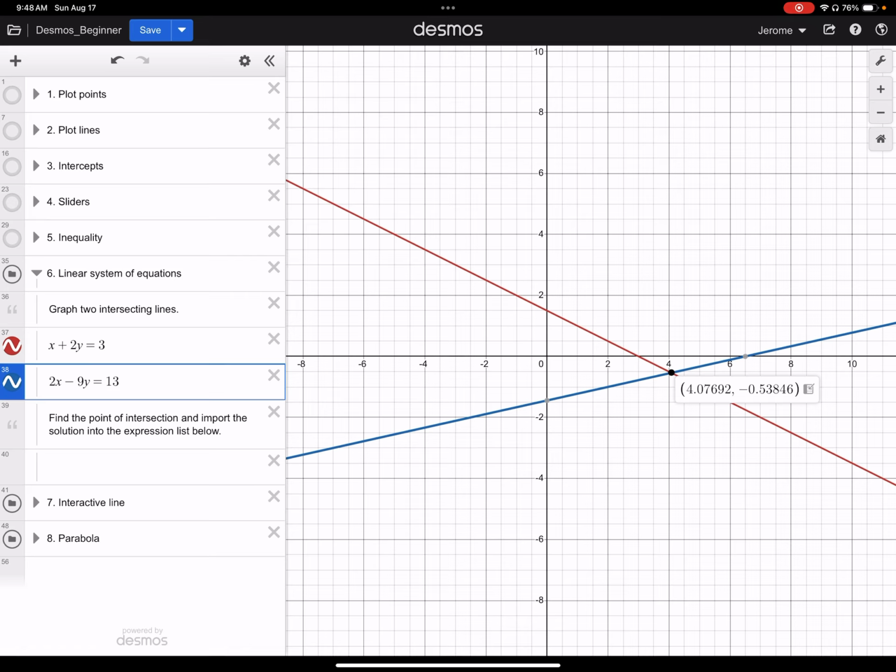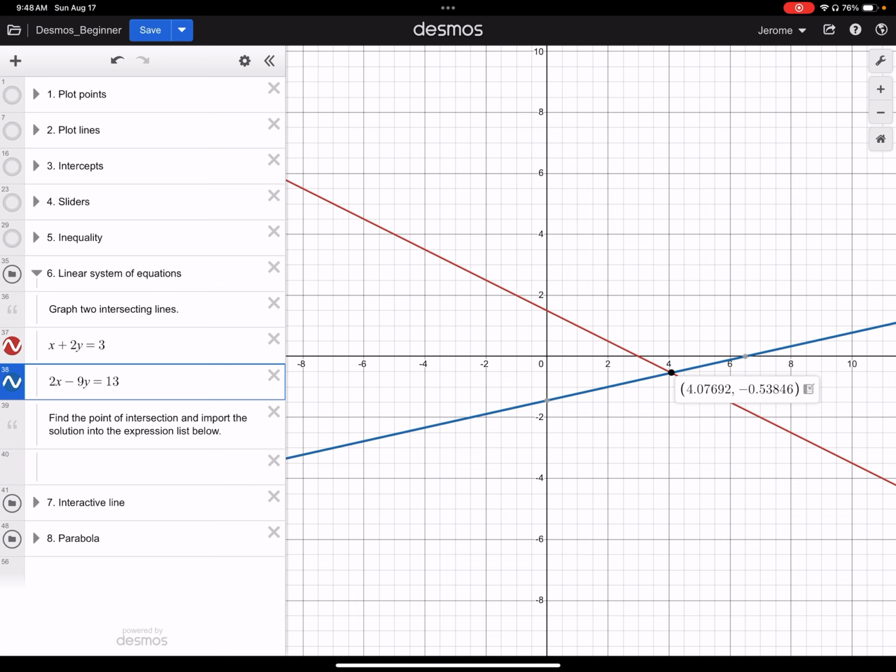Now, the next one wants me to import the intersection point, the ordered pair, into the expression list. I'll do this just like I did the intercepts on a previous one of these activities. Just to the right of that ordered pair, there's a little icon that has an arrow pointing to a rectangle. That rectangle is a representation of Desmos putting it into the expression list, which is exactly what I wanted to do.